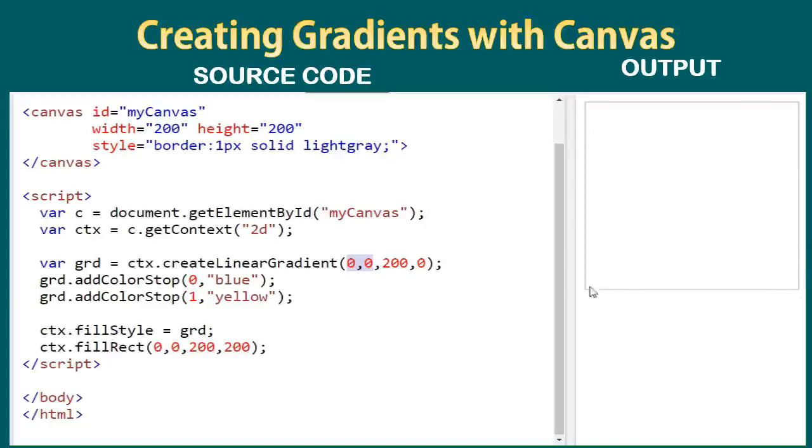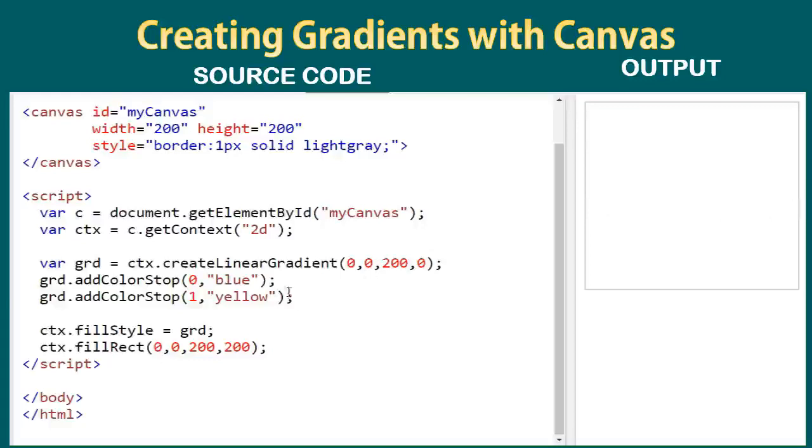Our entire canvas dimension is 200 by 200, 200 pixels in height and 200 pixels in width. As you know, a gradient usually consists of many colors. In this example, we are using two colors, blue and yellow. So the gradient should start from this place with the blue color, and gradually the color should be converted to yellow color.